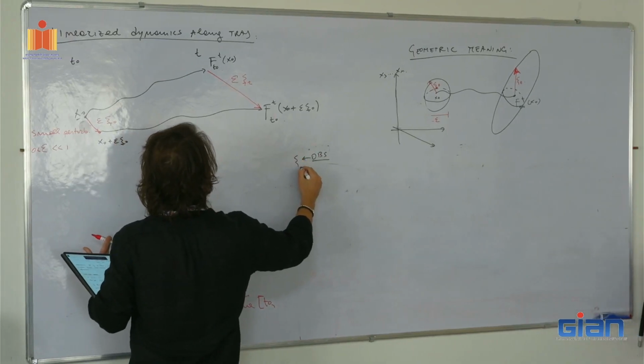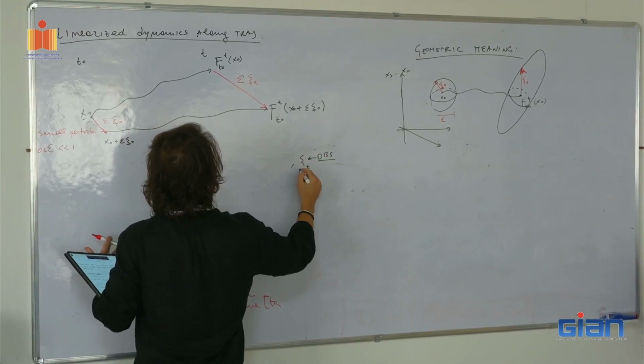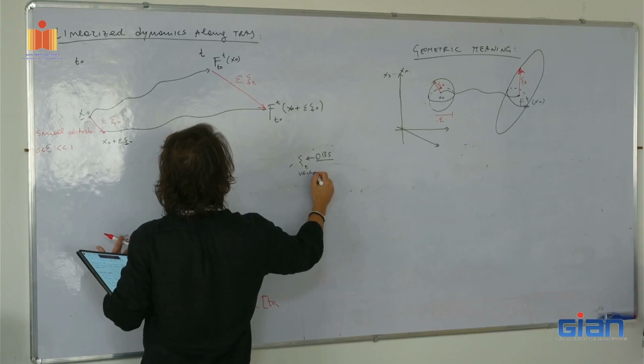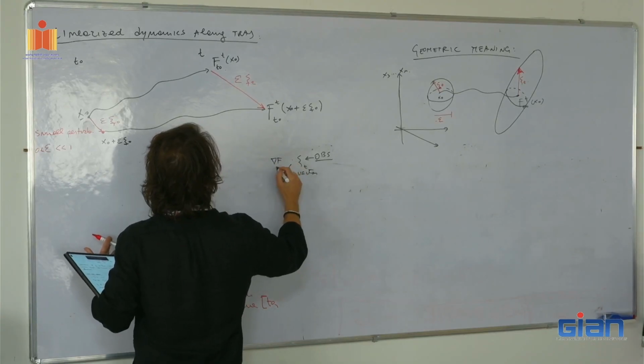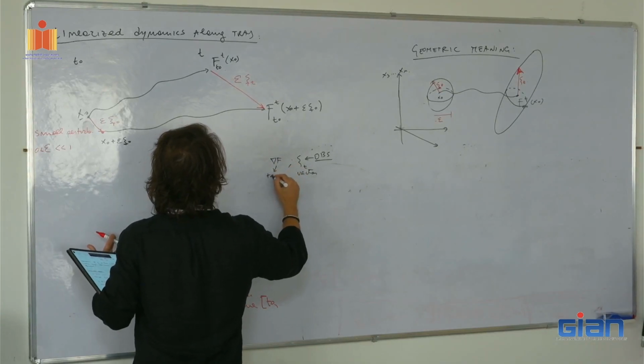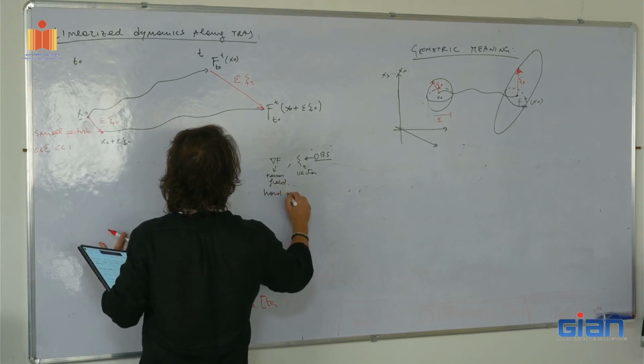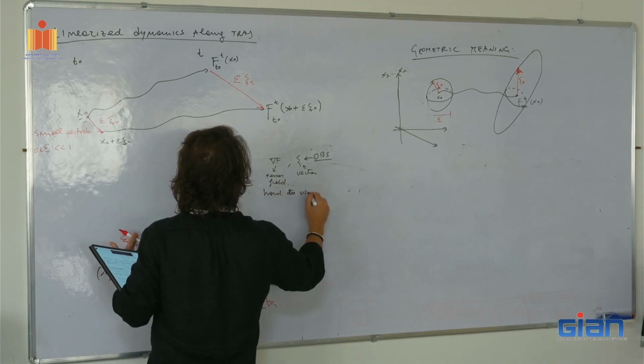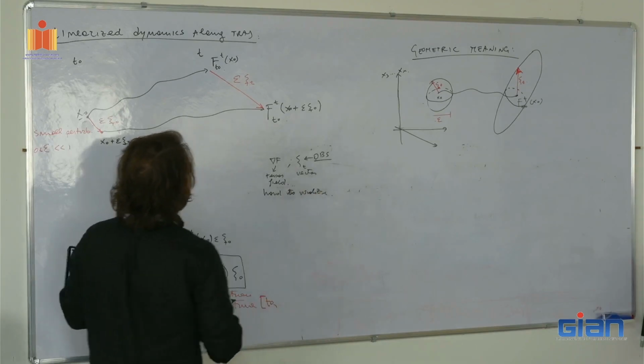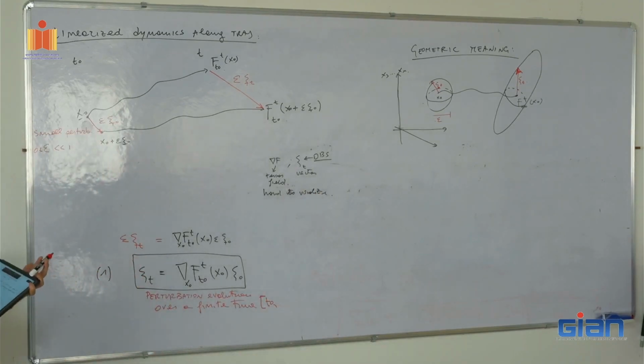Zeta t is a vector, and dF is a matrix, so it's a tensor field. These are hard to visualize. Because this dF has a lot of information, right? That's why it's a matrix for every point that changes its coefficients as long as you change t0 or t.